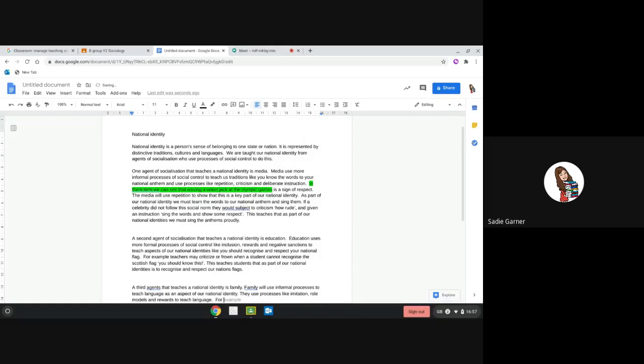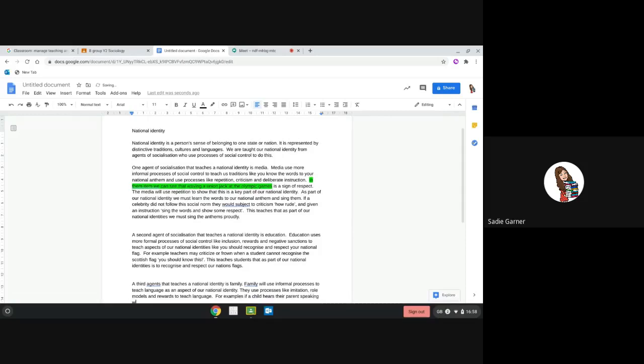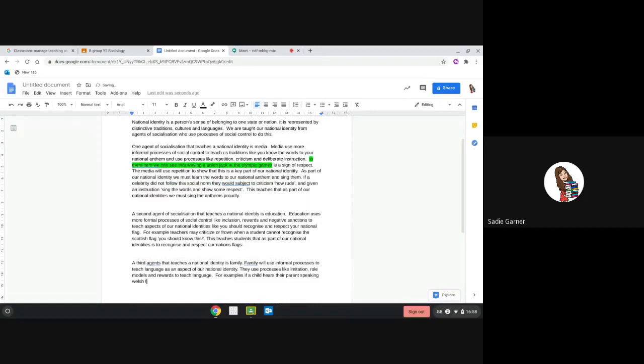For example, if a child hears their parent speaking Welsh, they may copy. As a result, their father may smile and say, "Well done."